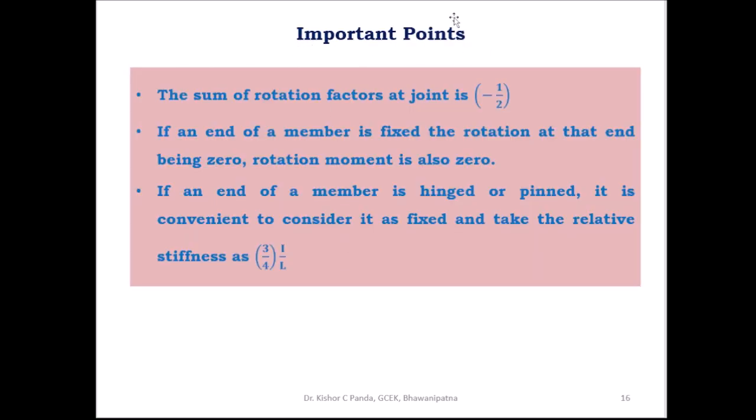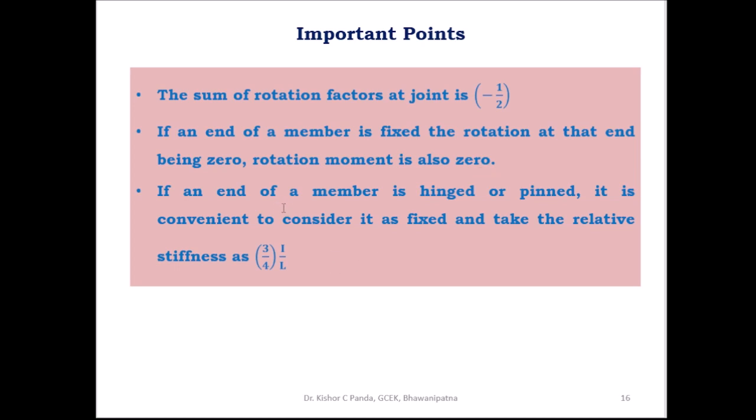Then coming to the important points: the sum of rotation factors at a joint is equal to minus half. So always check that the sum of rotation factors at a joint is minus half. If an end of a member is fixed, the rotation at that end is 0 and the rotation moment is also 0.